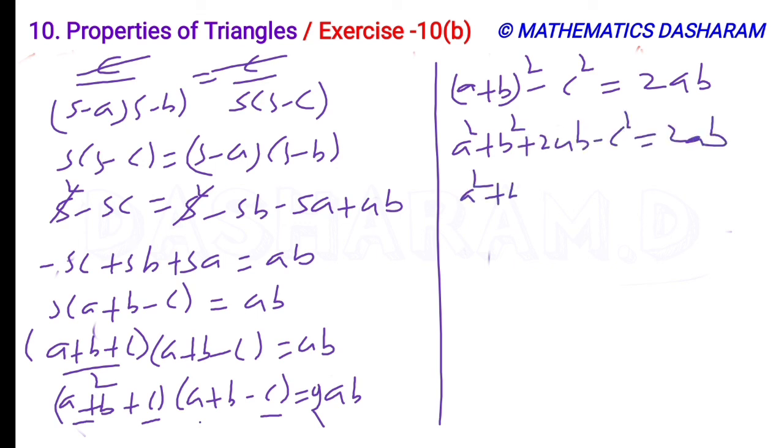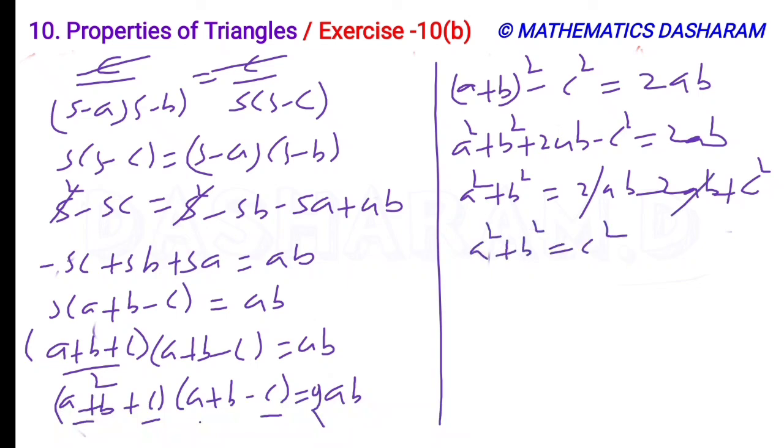So a squared plus b squared plus 2ab minus 2ab minus c squared. So then a squared plus b squared equals c squared.